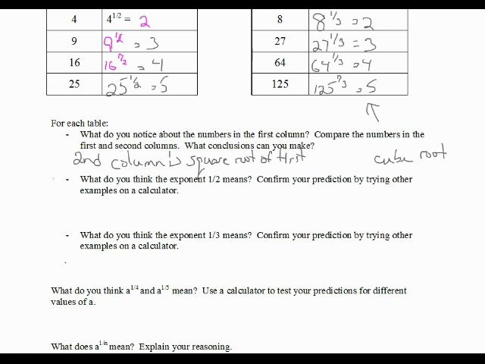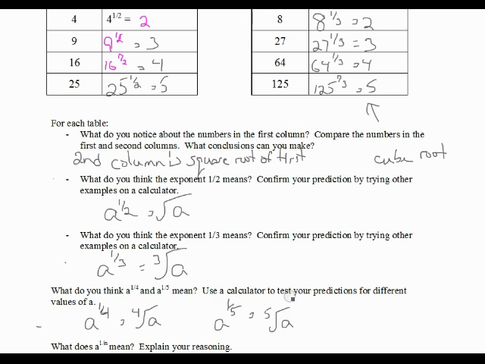So we can say that a to the 1/2 is the same as the square root of a. And the exponent 1/3 is cube root, so a to the 1/3 is the cube root of a. And 1/4 and 1/5, the same thing, a to the 1/4 is the fourth root of a, and a to the 1/5 is the fifth root of a.